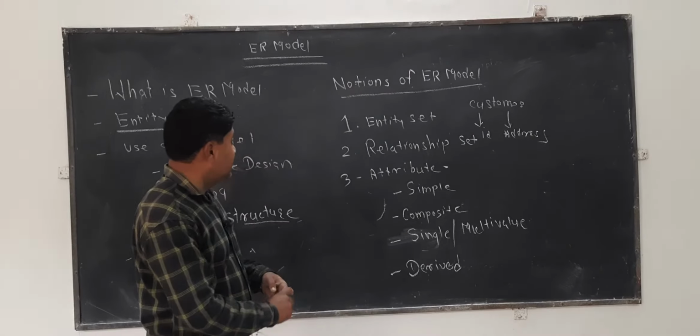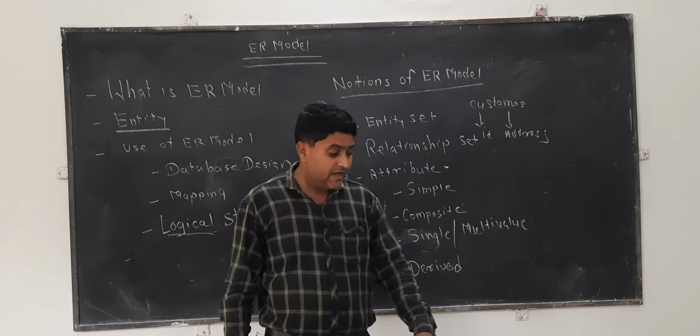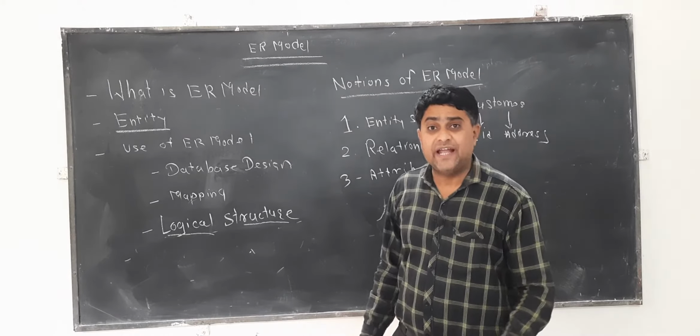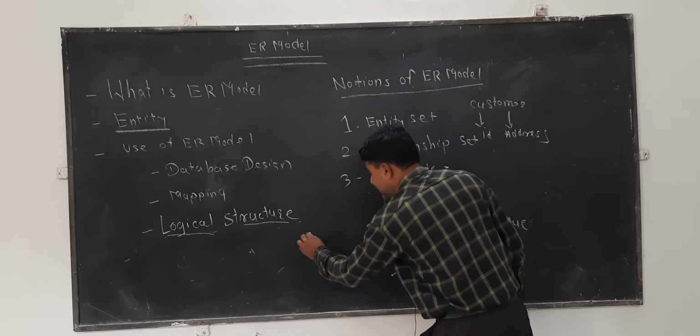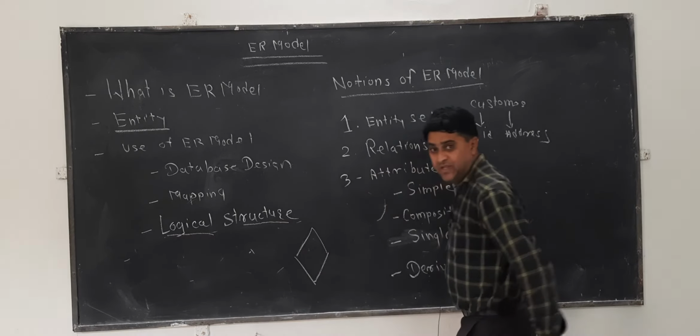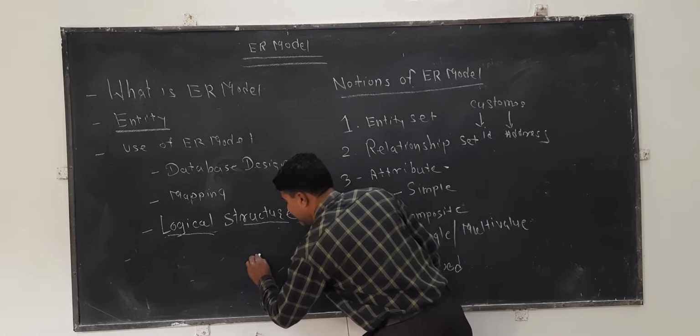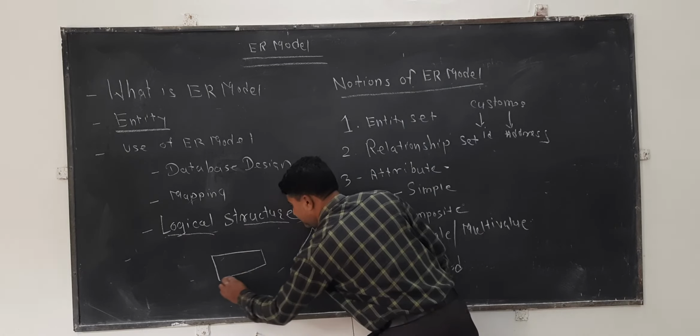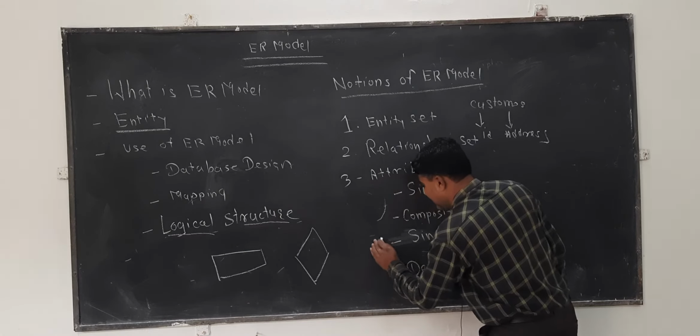Okay, so a relationship set in the ER model is joined with a diamond. We will use this diamond notation to link your relationship set. For example, this is your entity set, and this is your another entity set.